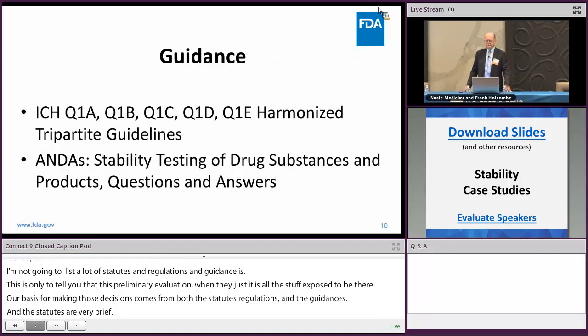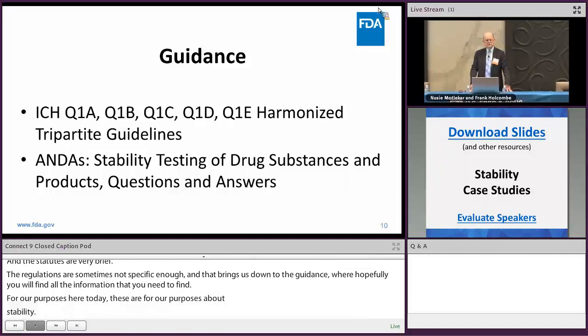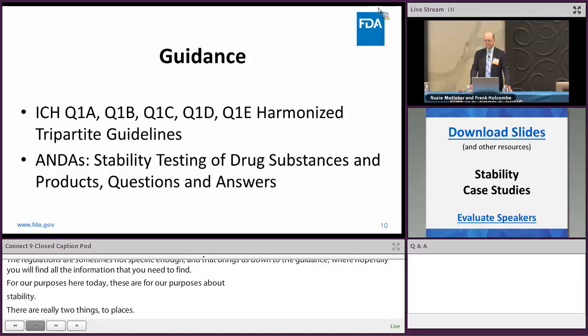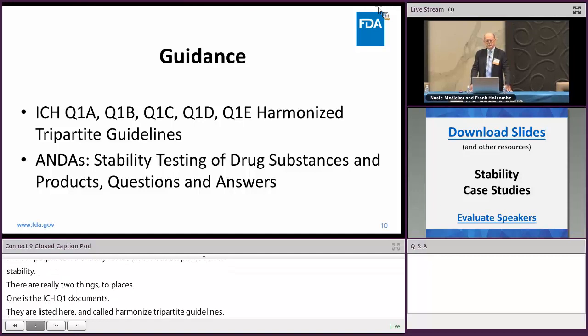For our purposes here today, for our purposes about stability, there are really two places. One is the ICH-Q1 documents. They're listed here. They're just called Harmonized Tripartite Guidelines. And the other document is the ANDA Stability Testing Question and Answers document that was put out back in 2014-15.